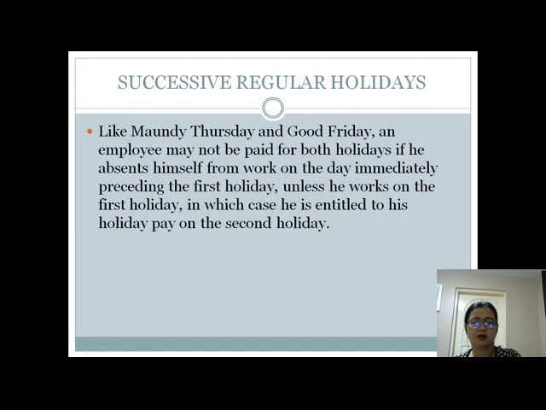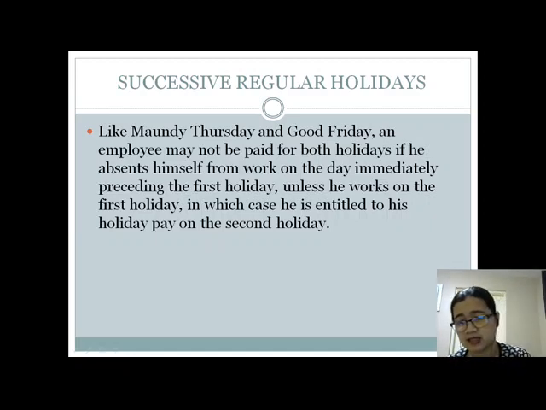Now, the point here is if the employee is absent on Wednesday, assuming Wednesday is a regular workday, and the employee goes absent, unexcused, unpaid or unauthorized. So what will happen now?